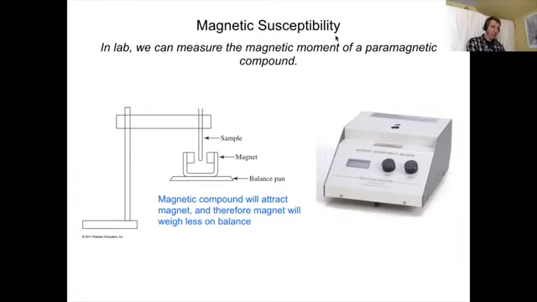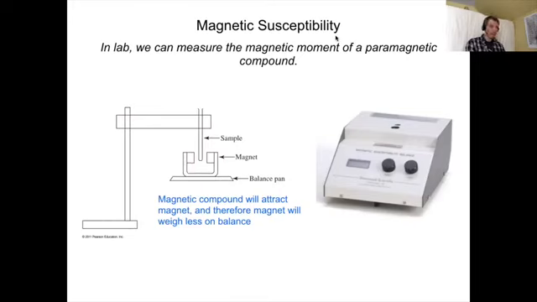And a lot of this is supported by basically thin metal strings, which is why it's so important to be delicate with this balance, because any movement will start this swaying or bend the string, and then it won't work as well. Within our sample tube, you place your sample in the tube, and that goes in between a magnet, which is on a balance pan.